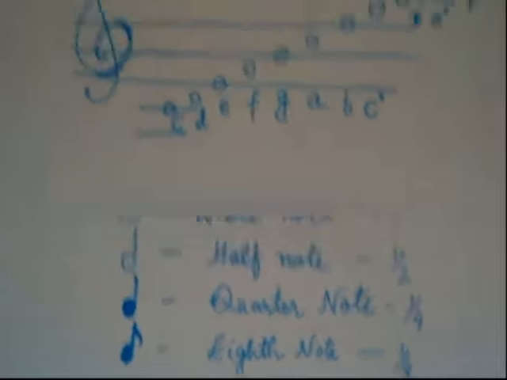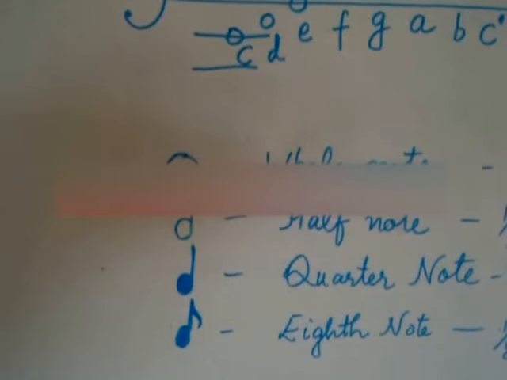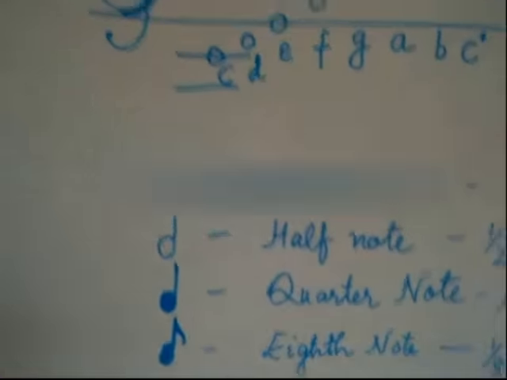Okay, so basically this is a whole note, this is a half note, this is your quarter note, and this is your 8th note. Correct? Okay, now this is basically note duration.